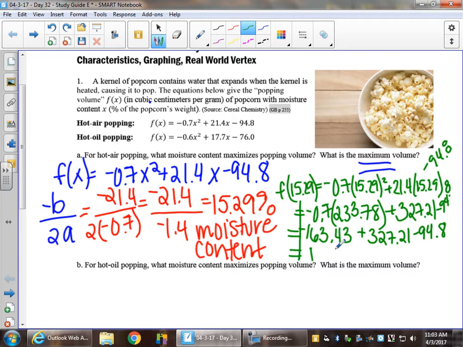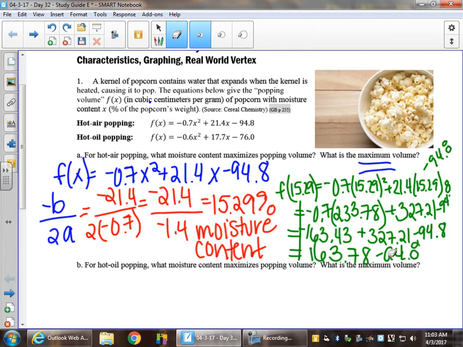It should be like 160 something. We're doing negative 163.43 plus 327.21. What do you get? 163.78 minus 94.8 is 68.98.